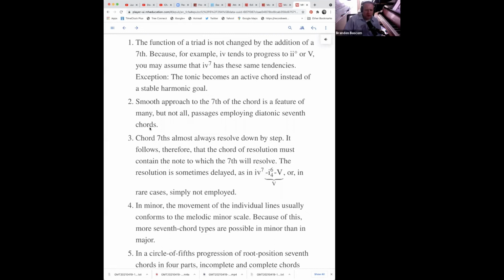We need an F sharp. We've got our A. We need a C, and we need an E. Which makes this half diminished. We can't have a C. Why? We have to alternate between complete and incomplete chords.